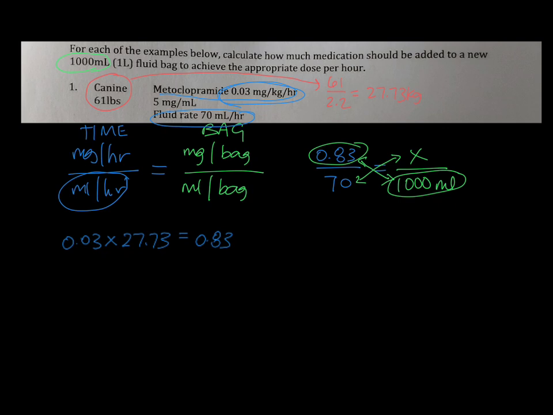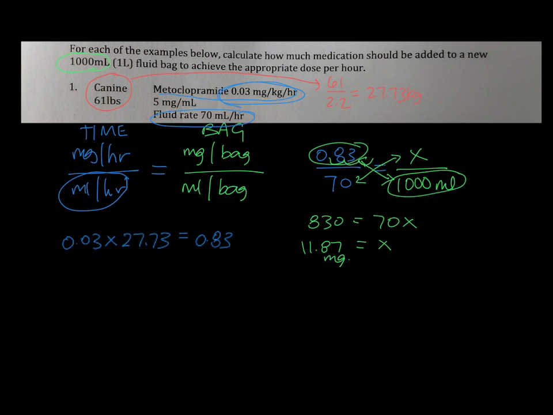So I'm going to move that decimal place over 3 because that's what 1,000 is. That is 830 equals 70X. Sorry for the algebra. So then I'm going to use my calculator and divide 830 by 70, and that is 11.87 milligrams. So that is how many milligrams I am going to put into a liter bag.